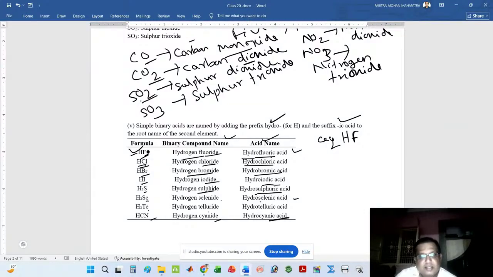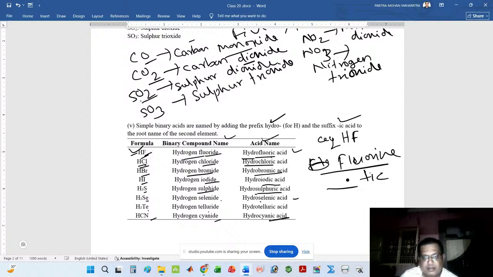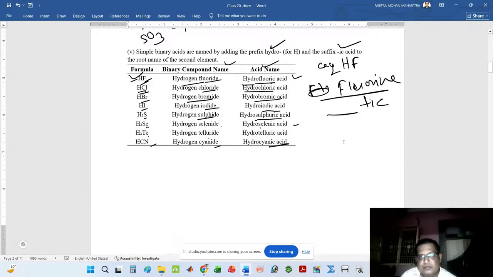Here the second element is fluorine, and its root name is fluor. Then to the root name you add ic. That is said to be fluoric acid.